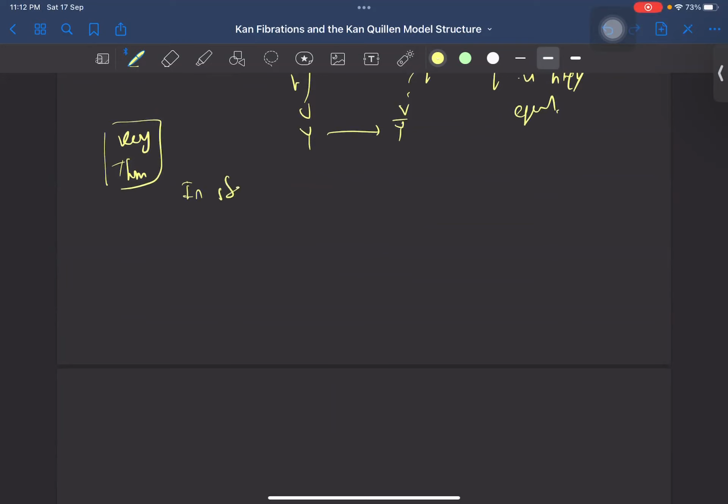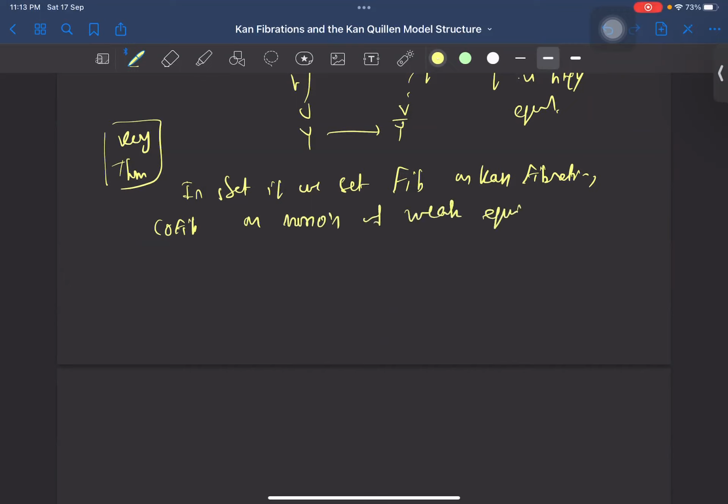In the category of simplicial sets, if we set fibrations as Kan fibrations, the collection of cofibrations as monomorphisms, and weak equivalences as defined above, then we get a proper homotopy structure, or a model structure, whatever.